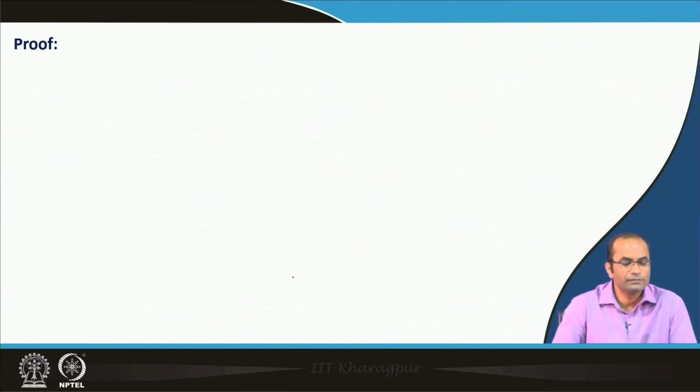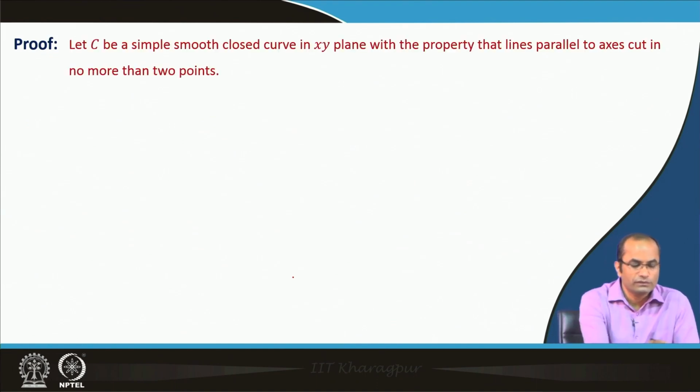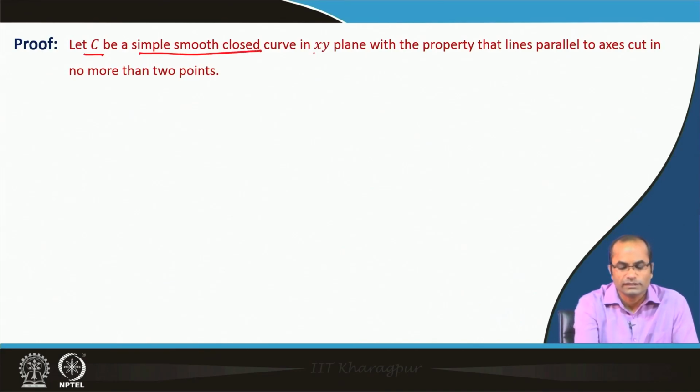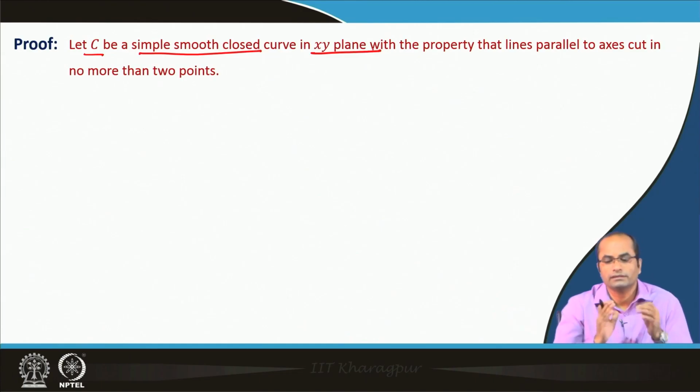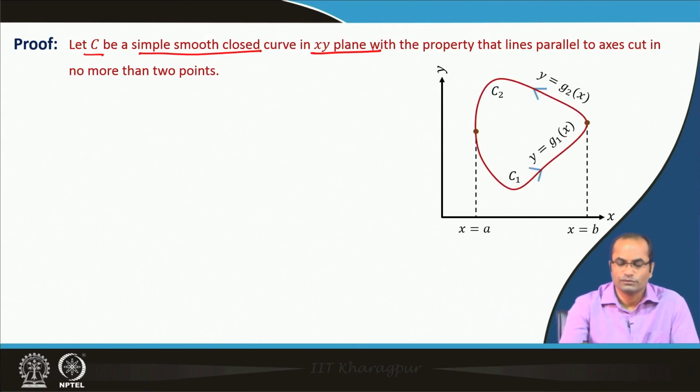Okay, coming back to the proof. A simple idea of the proof is as follows. We consider that C is a simple smooth closed curve in the xy plane, with the property that lines parallel to the x axis and parallel to the y axis cut it at no more than 2 points. This is the restriction we have on the curve.